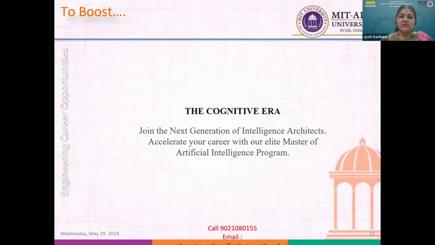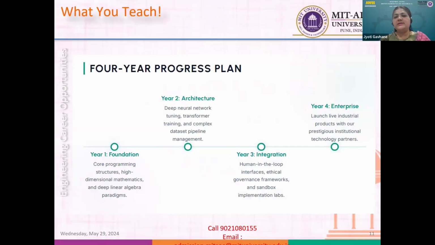Now, to boost all those things, we are joining the next generation of AI with the AI architects, accelerating careers with the elite Master of AI program. This is the general idea about the four-year progress plan, because whenever we do an in-depth study of a particular subject, we must know how the progress goes over the four different years.